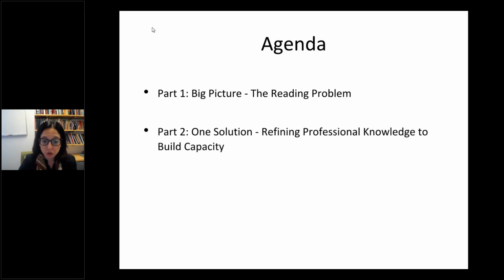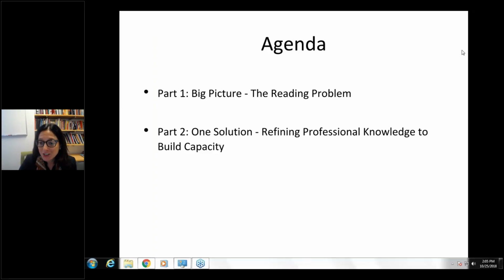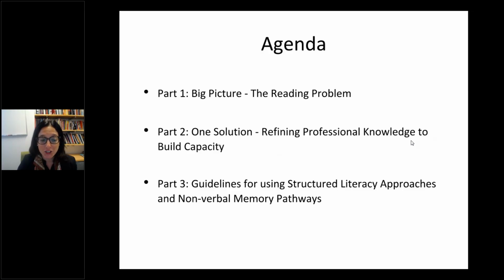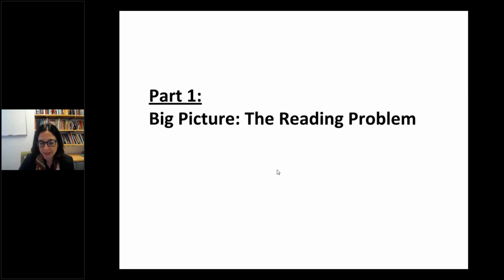Then in part 2, I'm going to talk about a solution, which is refining the professional knowledge of teachers and building capacity. And then in part 3, I'm going to talk about some guidelines for using a structured literacy approach and nonverbal memory pathways.